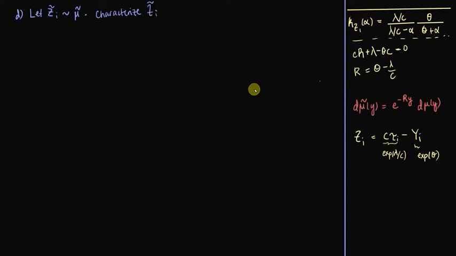Now, our question is: is Z tilde also the difference of two exponential random variables? Because it could be nice if it was. We always like to work with exponentially distributed variables.